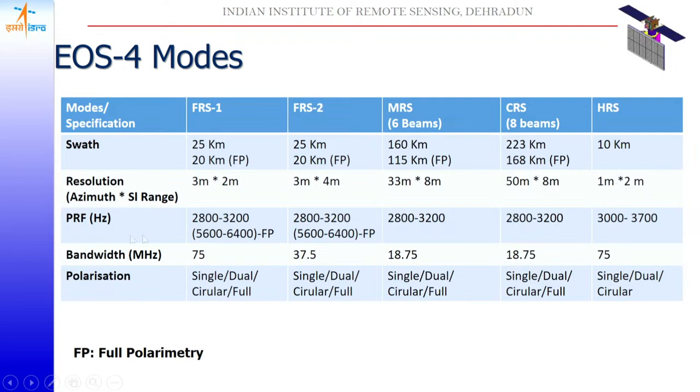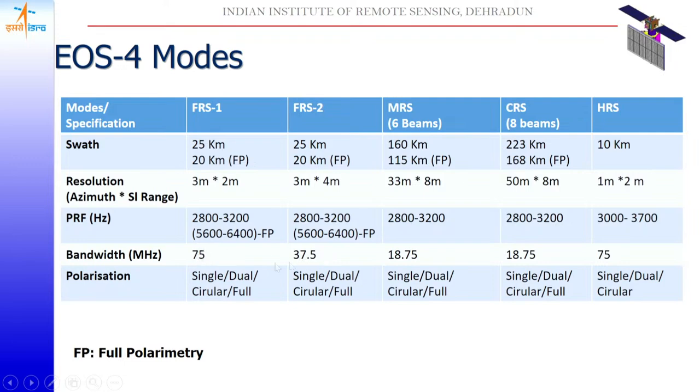We also have different PRF ranges. PRF means how frequently we send pulses at a particular time. The pulse repetition frequency is around 2800 Hz to 3200 Hz, and it differs in different modes. In the HRS mode we have a higher PRF, and similarly we have different bandwidths, 75 megahertz in FRS1.